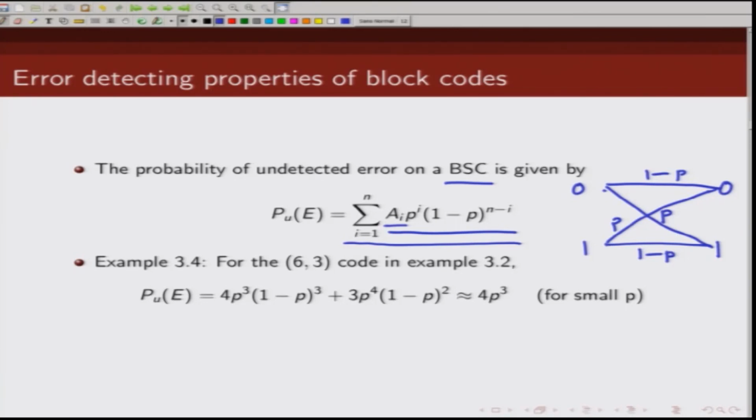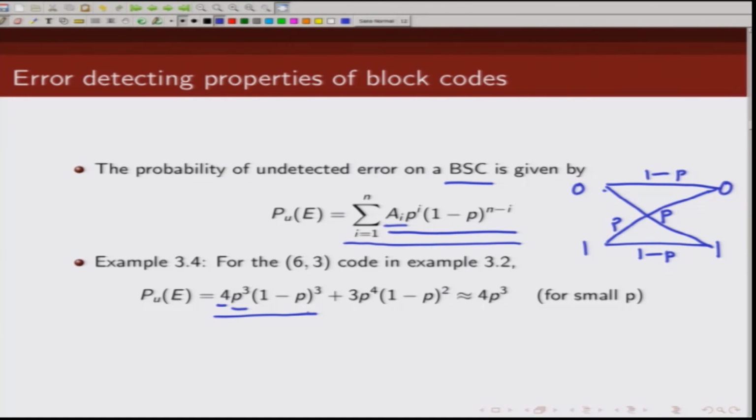So, for the example that I have considered, I know the weight distribution. So, if I plug that in here, what I get is, so there were 4 code words with weight 3. So, this is 4 p raised to power 3, and what was n? n is 6. So, 6 minus I, which is 3 in this case, is 3. So, first term that I will get is this.